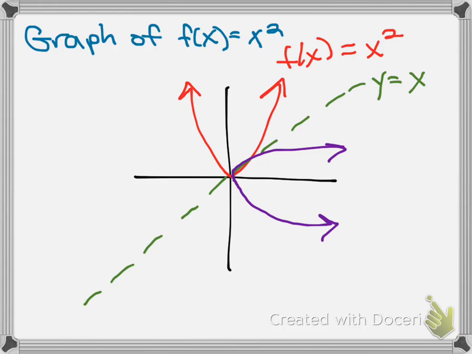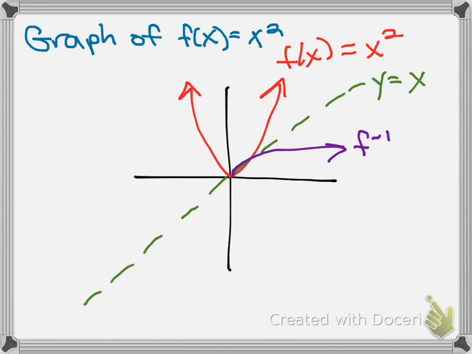But we do want to have some sort of inverse function that we can work with when we're talking about our parent function f of x equals x squared. So what we actually do is restrict the domain on our original function so that when we're talking about the inverse of x squared, we're only talking about this positive branch right here.